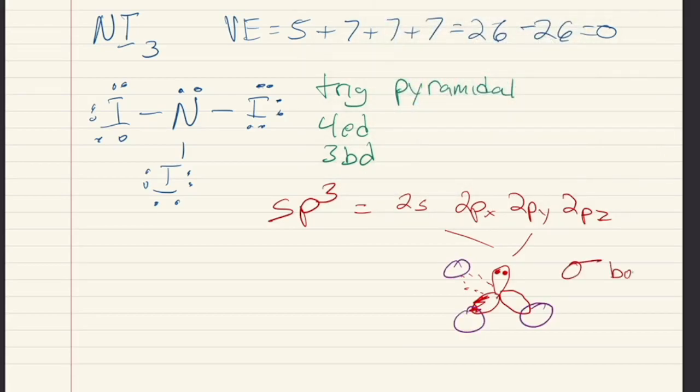So we are still dealing with single sigma bonds, but only 3 of them. You need to be able to recognize hybridization as well as the number of sigma bonds.